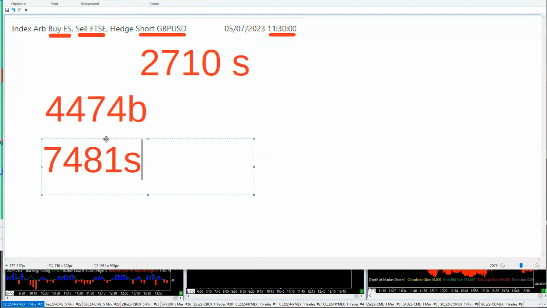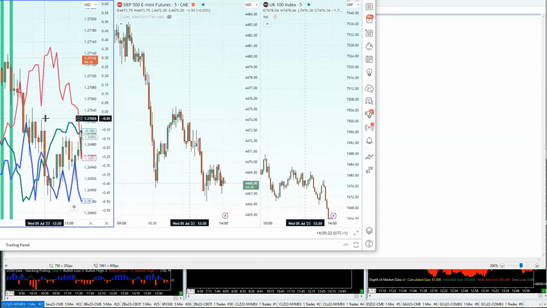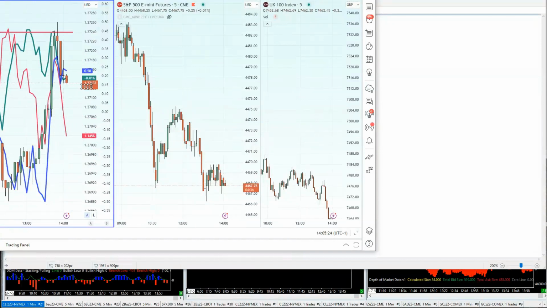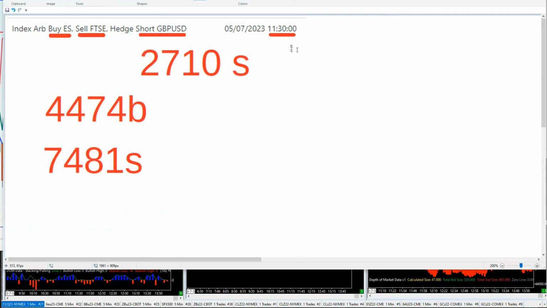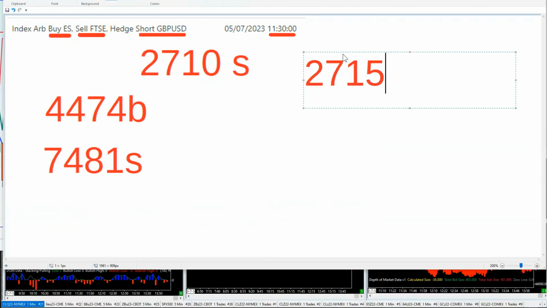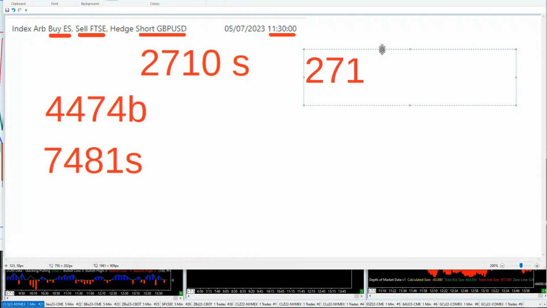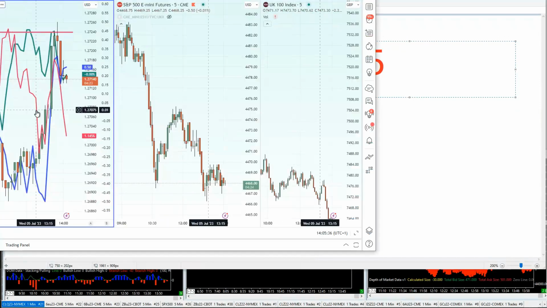Okay, so let's take a look at the present moment in terms of prices. The pound is currently trading at 27.15 at this point in time, having just spiked, of course, in the last short while.